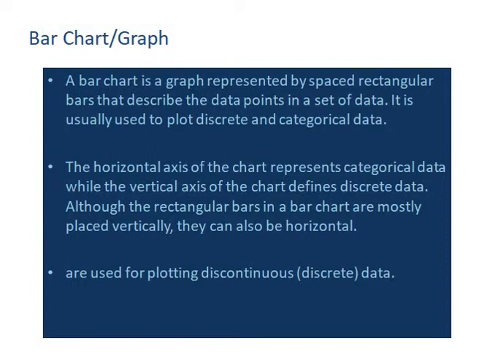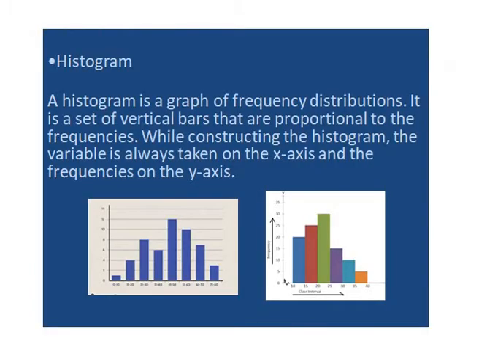We have different types of bar chart, or we can do a bar chart in different ways, and the histogram is one of them. A histogram is a graphical representation of frequency distributions.